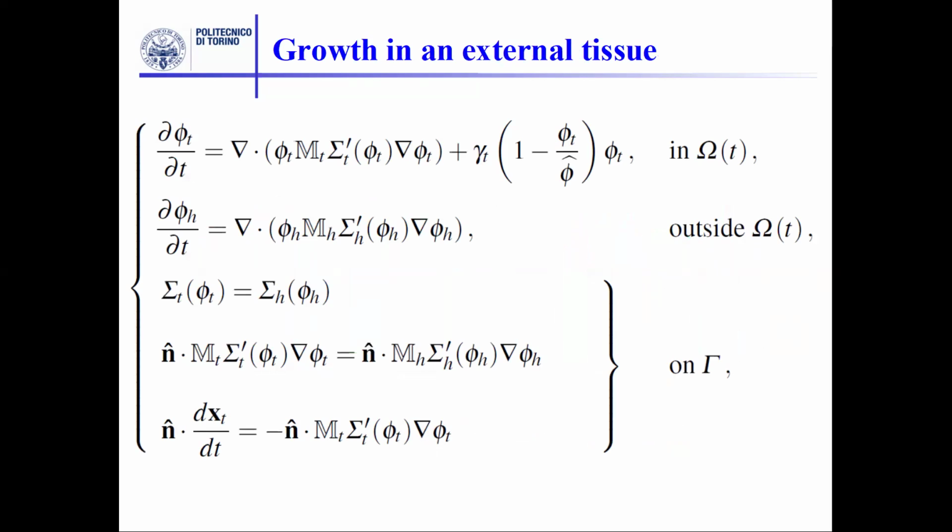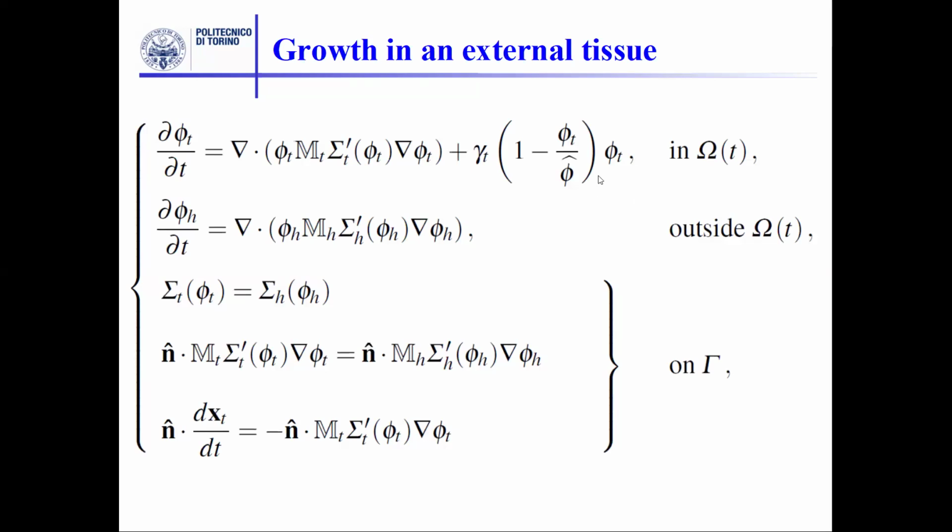The difference is in some sense minor because T is the tumor, H is the host. You find the same equation. The first difference that you will see is the growth term in tumor tissue.